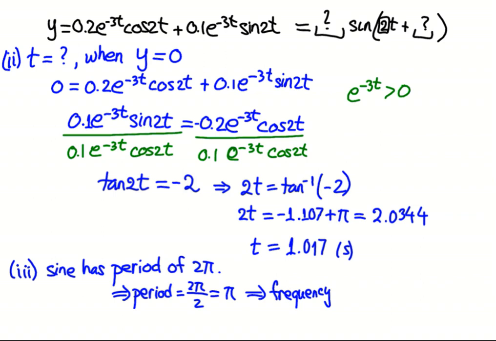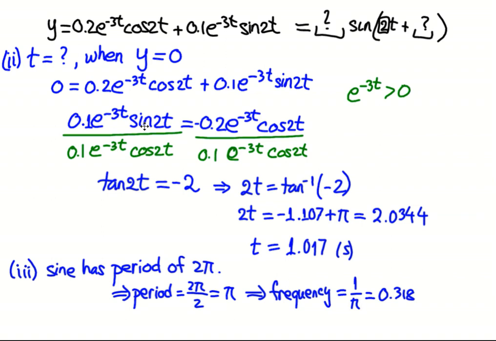It's going to be 1 over pi. Frequency is the reciprocal of the period. 1 divided by pi is 0.318. Of course, the unit is going to be cycles per minute.